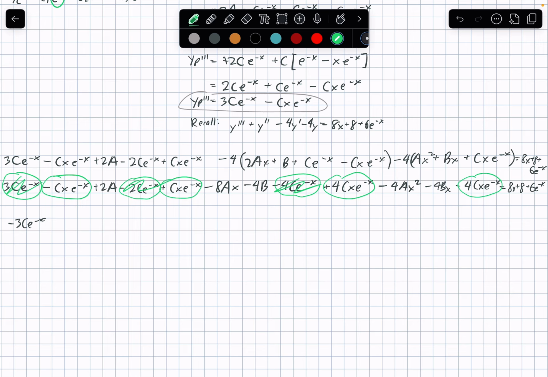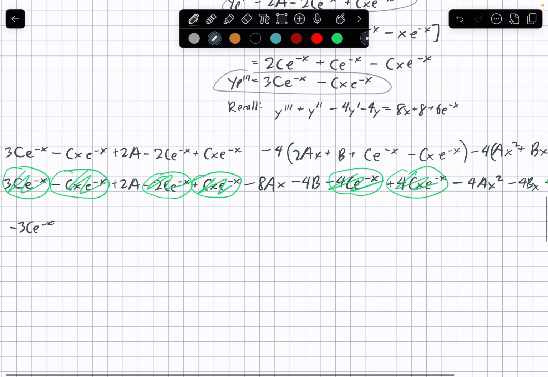They actually cancel, no? Negative, positive, these cancel, these cancel. We only have a few terms left. None of them are like terms, so we just write them down.